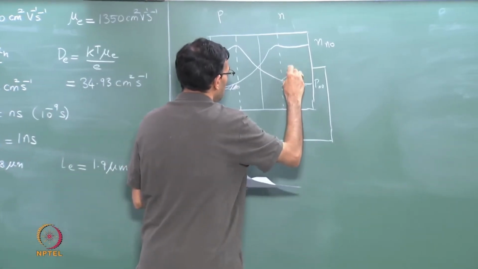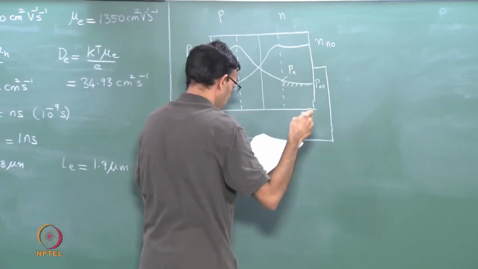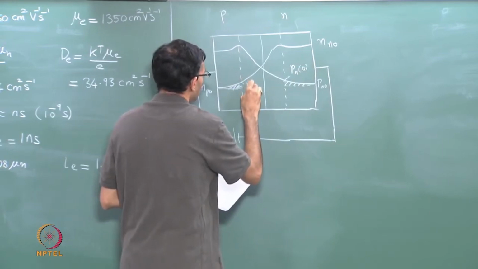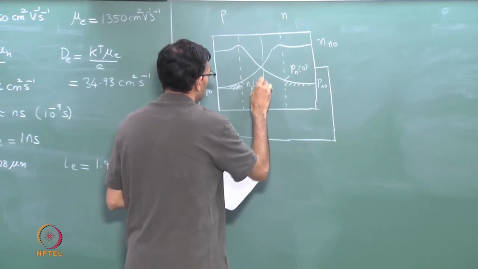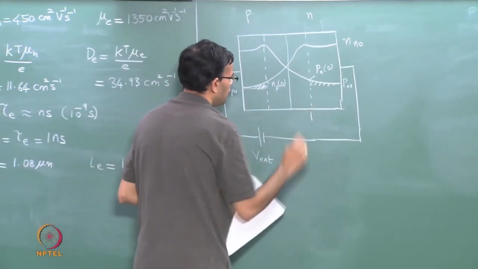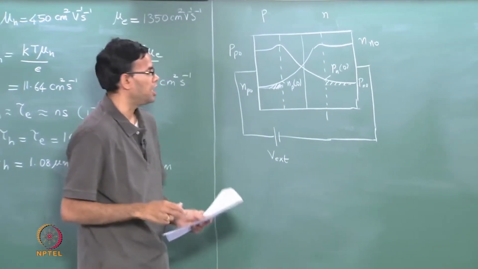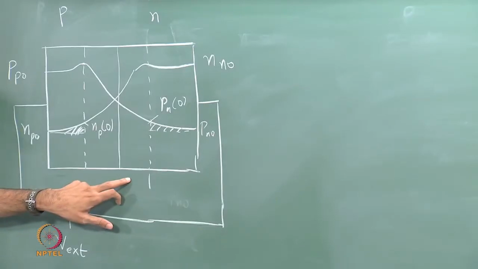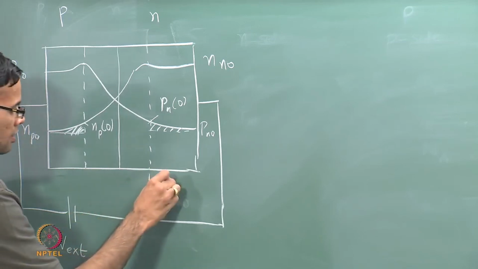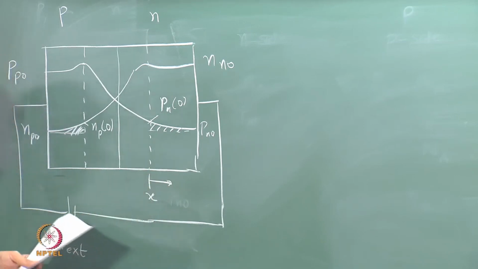This will be p n of 0, and this will be n p of 0. For the sake of derivation, I am going to take my origin on the N side at the interface between the depletion region and the bulk of the N side. I am going to fix that as the origin.